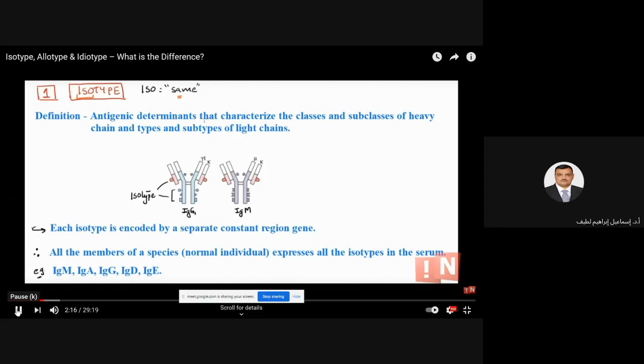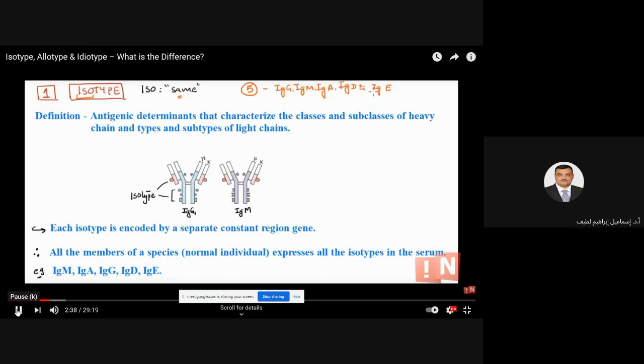Okay. Now, we know that every antibody in humans, let's say for example, we have 5 different types of antibodies, right? We have IgG, IgM, IgA, IgD, and IgE. Right?